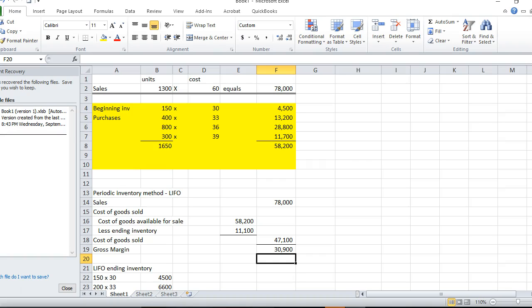Consistency is the key to compare it. Does that make sense? So do you see how under one method you have a lower net income or gross margin than you do under another method? It will all even out eventually. But from year to year you need to stay consistent. The average method is going to keep things pretty smooth sailing along for everybody. Okay? Does that make sense?